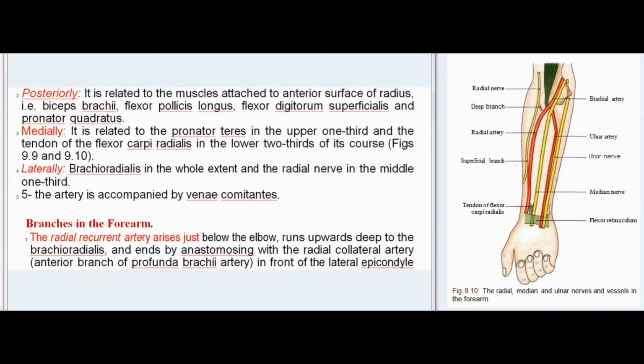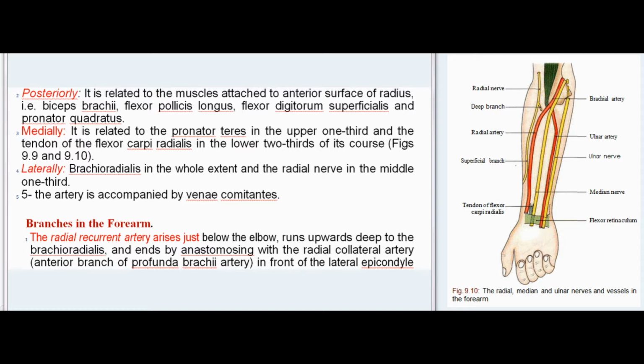Medially, it is related to the pronator teres in the upper one-third and the tendon of the flexor carpi radialis in the lower two-thirds of its course, Figs 9.9 and 9.10. 4. Laterally, brachioradialis in the whole extent and the radial nerve in the middle one-third. 5. The artery is accompanied by venae comitantes.